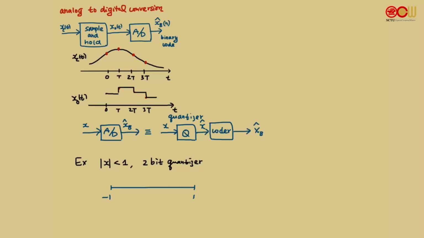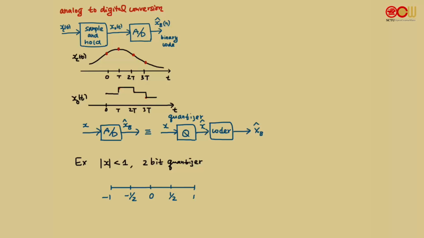Suppose this is the interval from -1 to 1, the range of X, and we only have 4 choices to represent X. So one possibility is to divide it into 4 cells or 4 intervals. This would be 0, this would be half, and this would be -half.